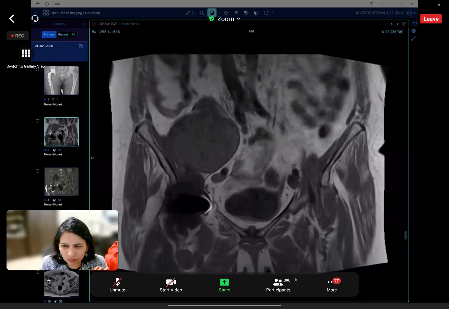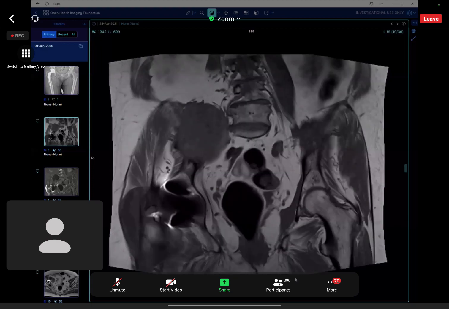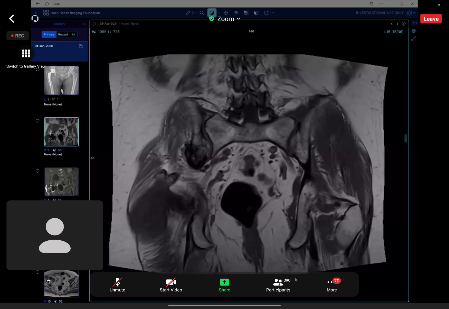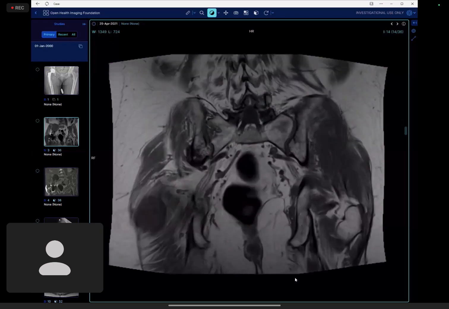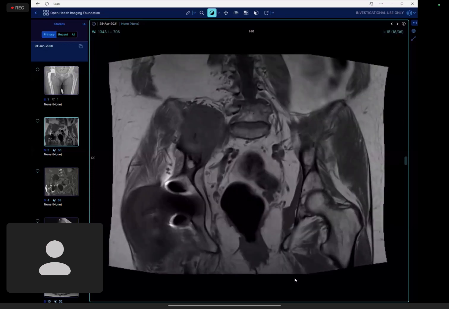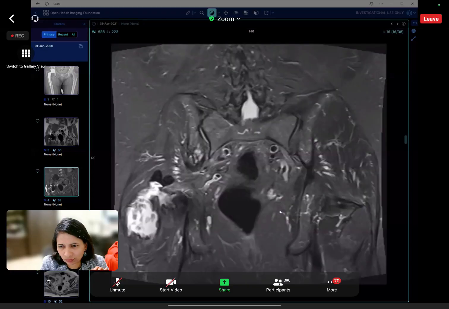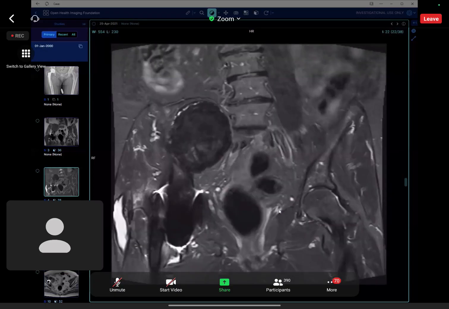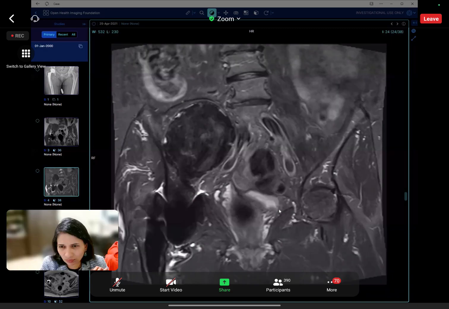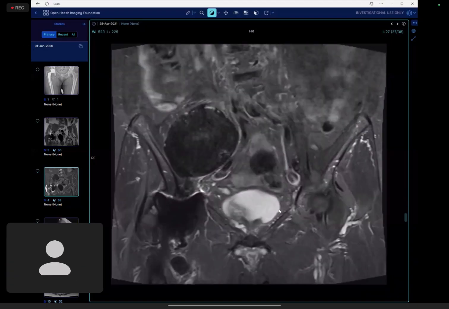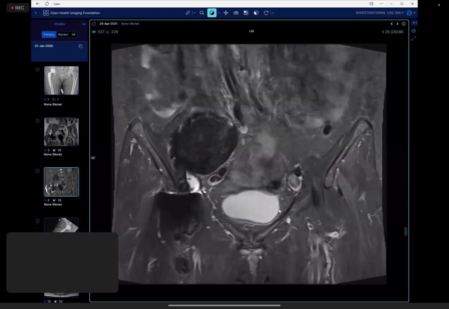I would just see the fluid sensitive or T2 images to see the signal intensity. This is isointense on T1, and on this sequence it is hyperintense.